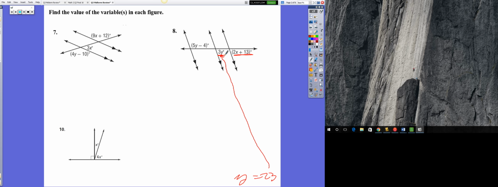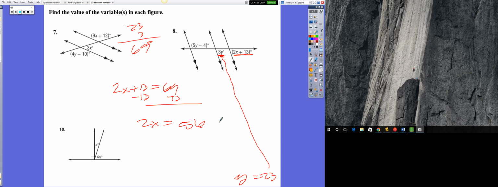So 3 times 23 is gonna be 69. 69 degrees is this angle, and 69 degrees is this angle. So that means 2x add 13 is equal to 69 degrees. So minus 13 minus 13. 2x is equal to 56. So divide by 2, divide by 2. X has to be 28.